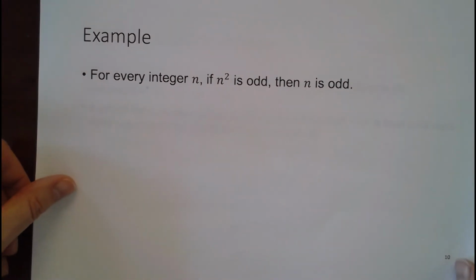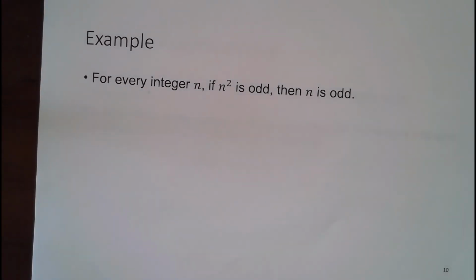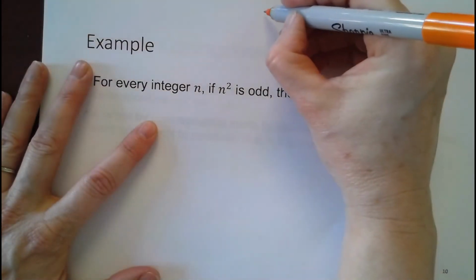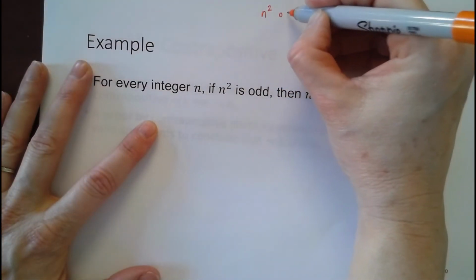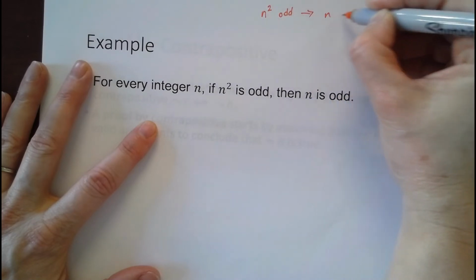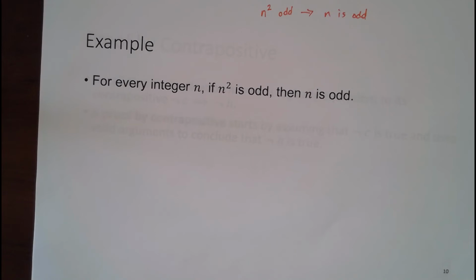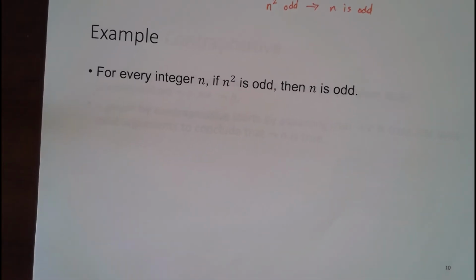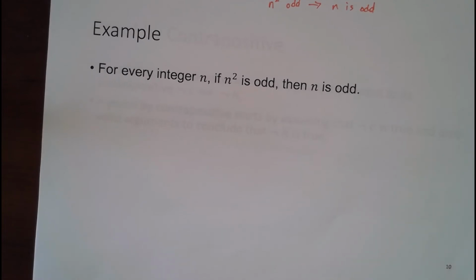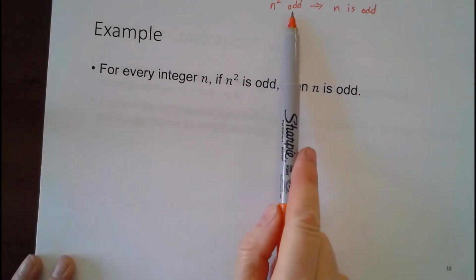All right. So let's try one. For every integer n, if n squared is odd, then n is odd. Okay, so this is: n squared is odd, then n is odd. Let's just try a direct proof. I know that n squared is odd.